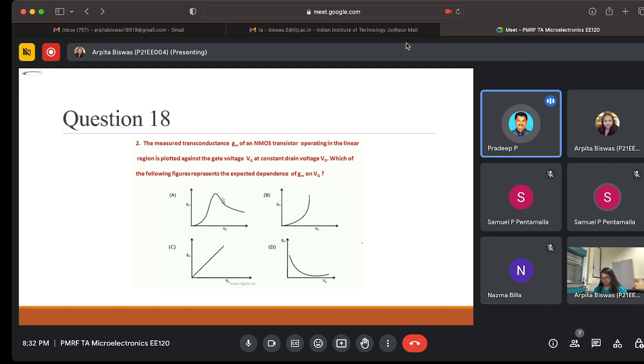Linear region means the transistor will act as a resistor, and after some portion of Vg, the transistor moves on to the saturation region. Can we write mu Cox W by L as beta? Yes, in the linear region we can write Id equals beta times (Vgs minus Vt) into Vds minus Vds squared by 2.